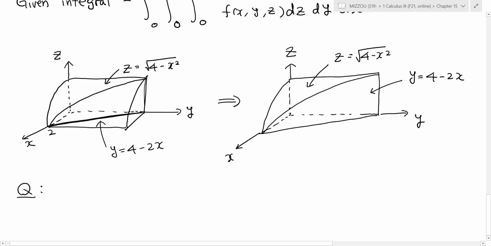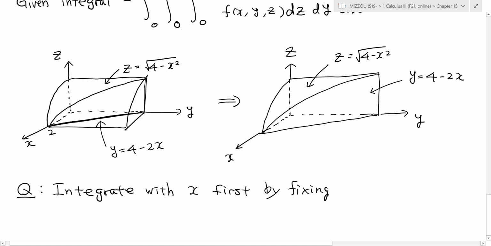But now, the question is this: integrate with x first by fixing y and z. Then what's going to happen? By the way, it's not a good idea, but it's just an exercise.